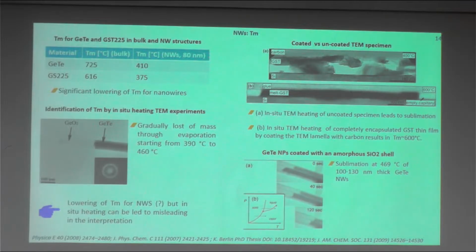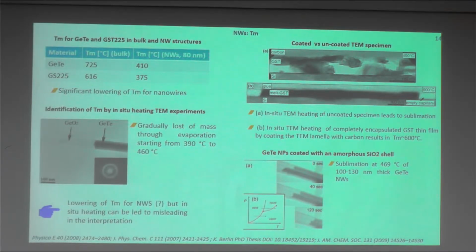In the case of nanowires, this melting temperature reduces a lot to 410. And in the case of GST, this is 375. So we see significant lowering of melting temperature.